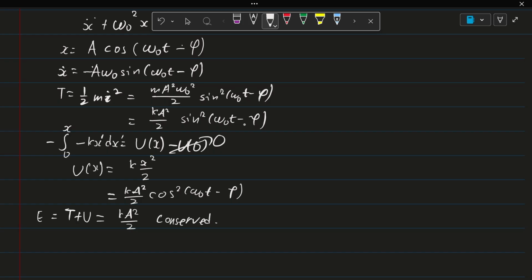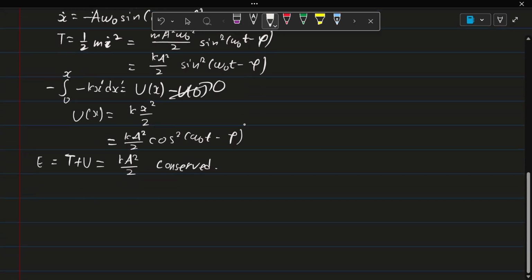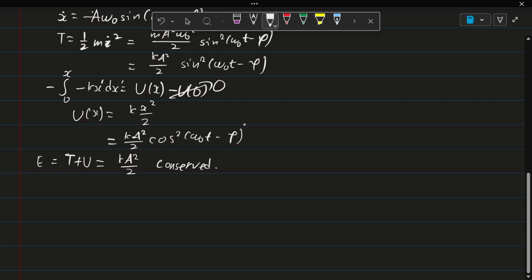So let's talk about some of the notation, but first we could just see that actually this is an oscillation, right? And so we know that omega 0 t minus phi, let's say, would be 0, and it will later repeat itself after a certain time. So omega 0 t plus some additional time minus phi would be 2 pi instead of 0. So this would basically denote that it has done a full rotation.